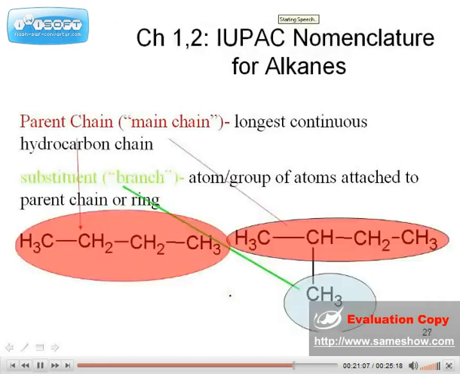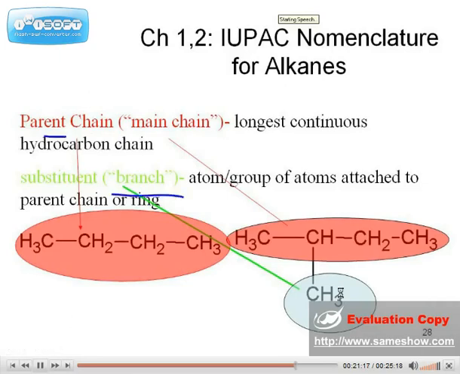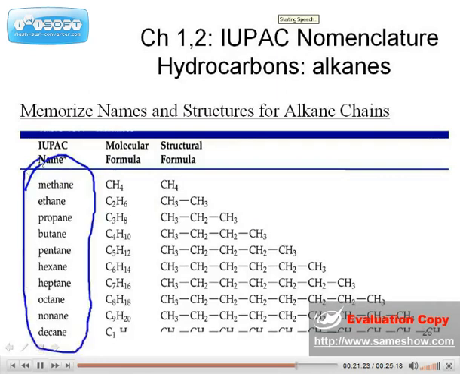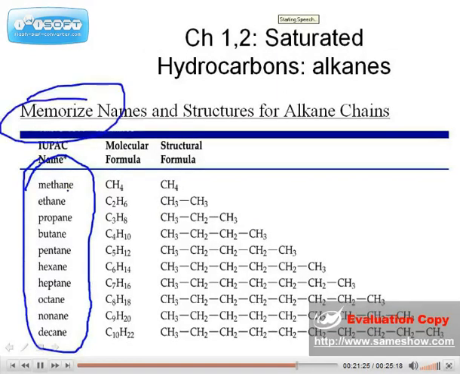First off, in order to name a molecule, you're going to have to figure out, is it a parent or is it a branch? So here are the 10 parent names you have to memorize. Methane, ethane, propane, butane, pentane, hexane, heptane, octane, nonane, decane.